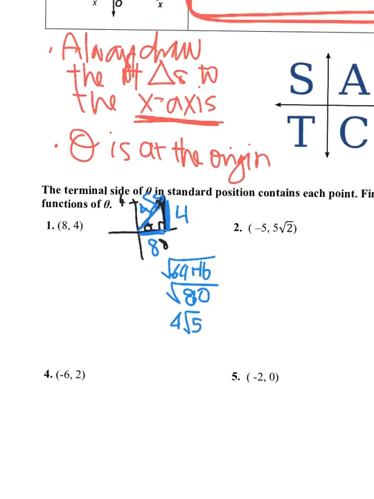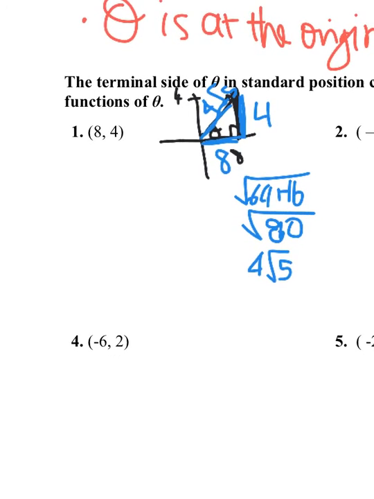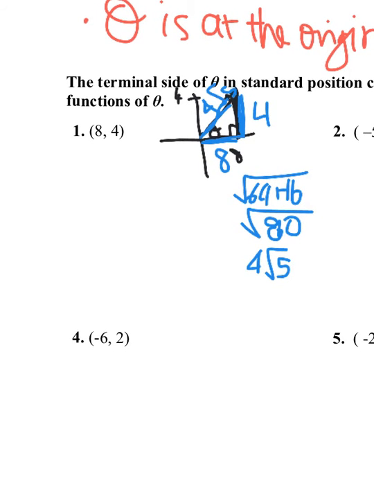Now we're ready to find the 6 trig functions. First, let's start with sine. So sine of theta, and make sure you write sine of theta because sine needs something in the function for it to make sense. So don't just write sine, make sure you write sine of theta. And then, let me go ahead and label these sides for you.